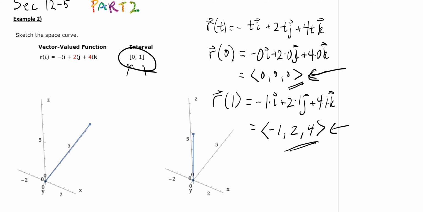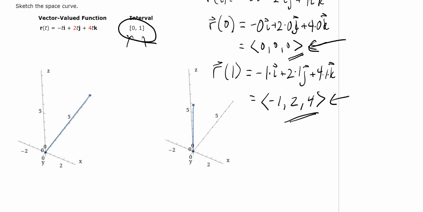All right, so if we look at the first graph here, what do we have? You've got to really pay attention to what axis is what. Negative 1 is x, 2 is y, and positive 4 is z.